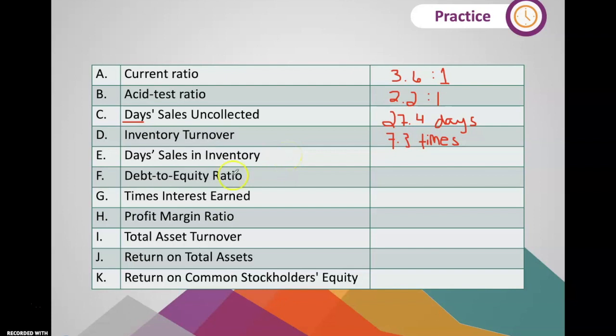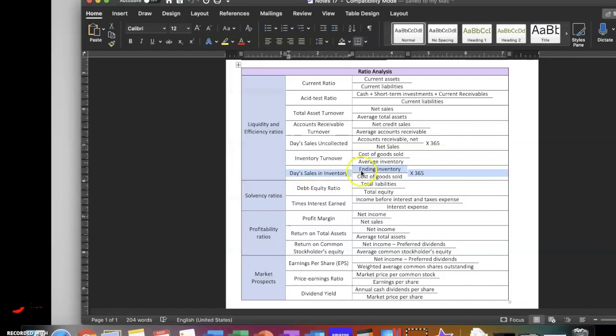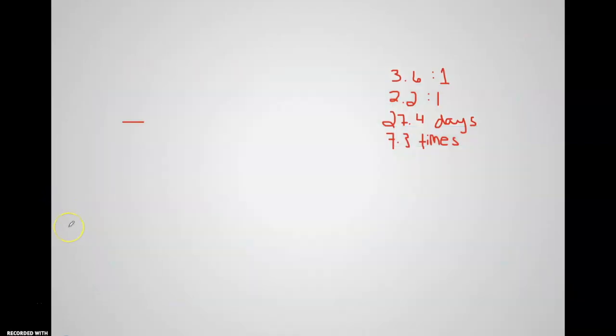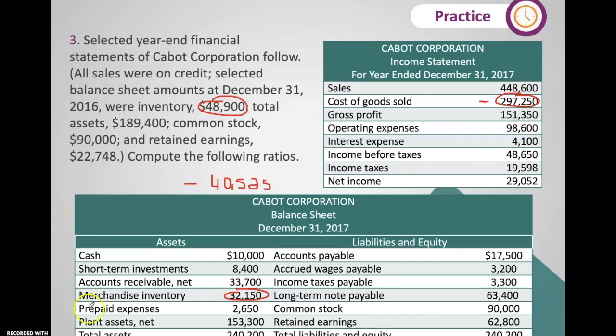So next we have days sales in inventory. This formula is ending inventory divided by your cost of goods sold times 365. So ending inventory, which is really this year's inventory, divided by cost of goods sold times 365. So we have ending inventory, which would be this 32,150 divided by cost of goods sold, 297,250 times 365.